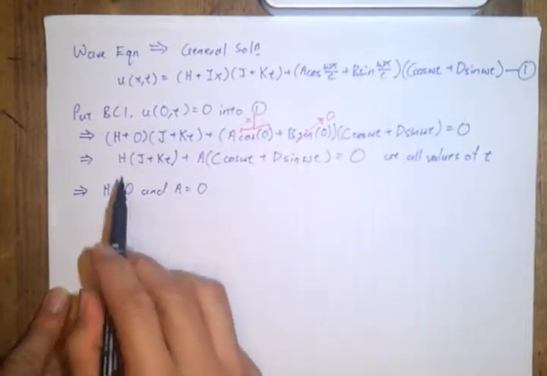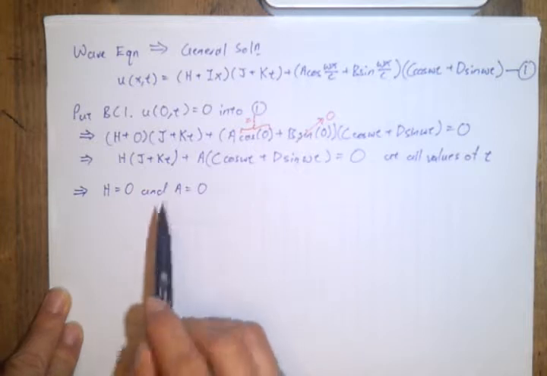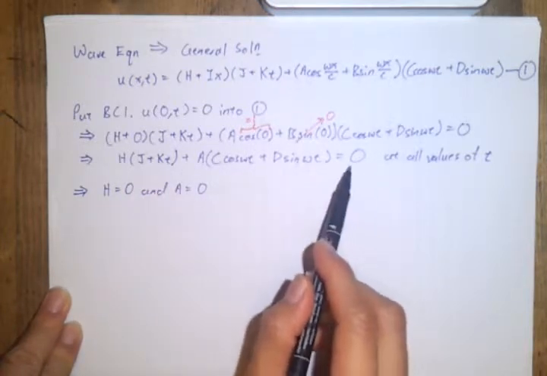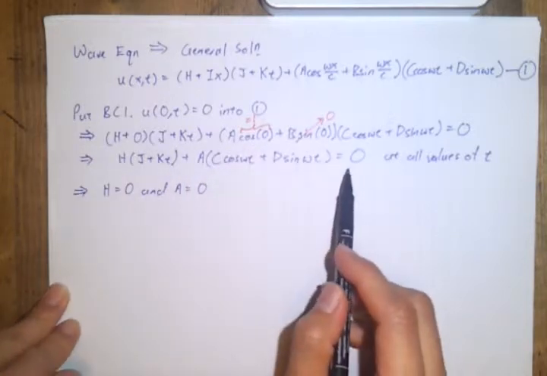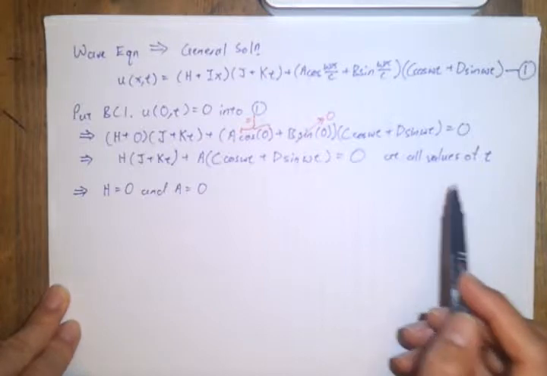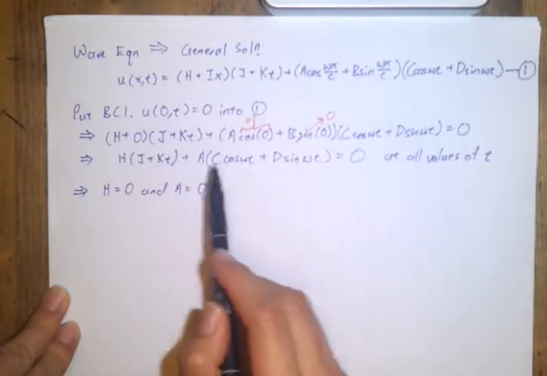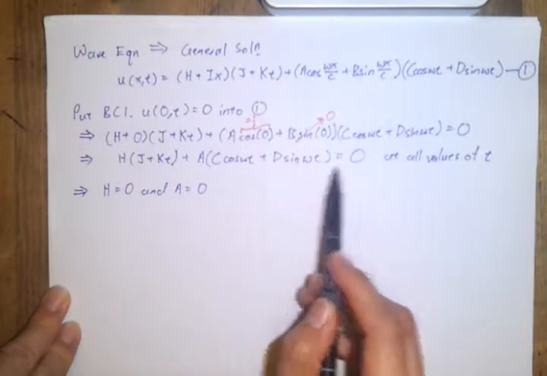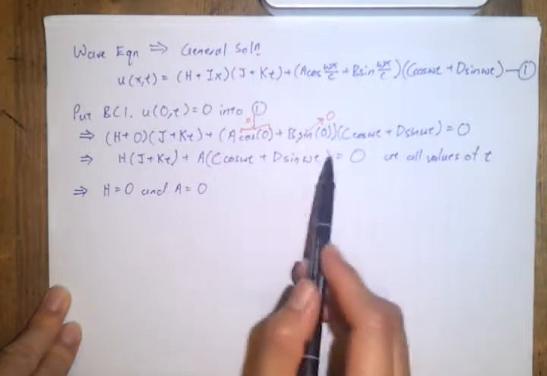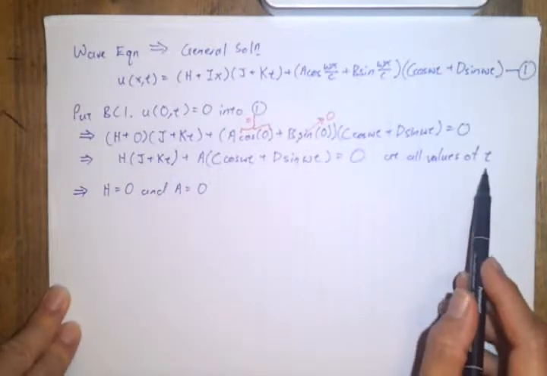If h and a are equal to 0, regardless of what value of t you put in, the left hand side will always be equal to 0, and that's what we want.